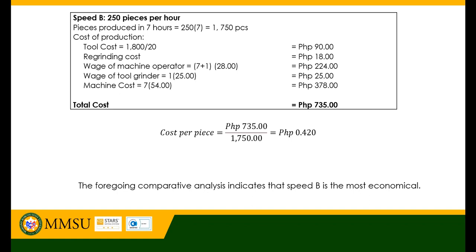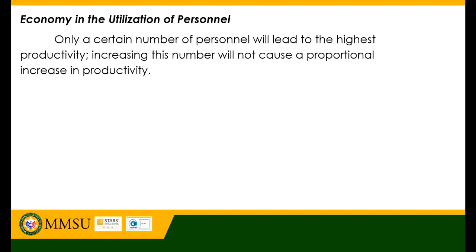Okay, that's clear. Next, economy and utilization of personnel. Only a certain number of personnel will lead to the highest productivity, so increasing this number will not cause a proportional increase in productivity.